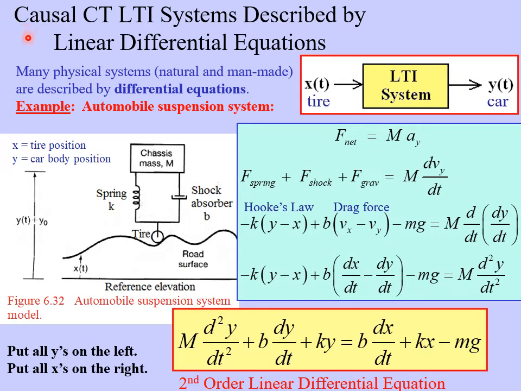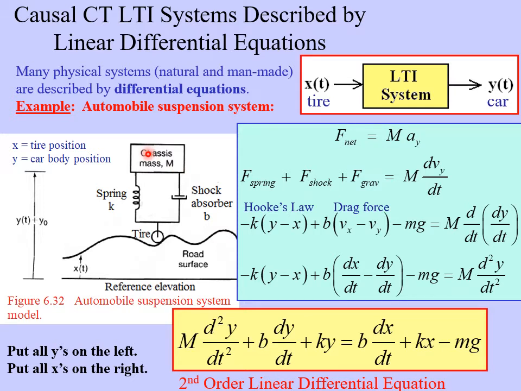Here's a little bit more complicated application of that problem we just looked at. This is how to model an automobile suspension system. So on your car, you have, this is representing the car here, the chassis of the car, which has some large mass.